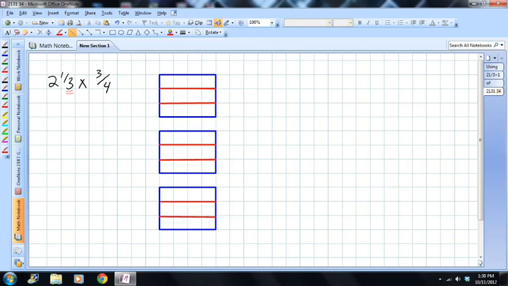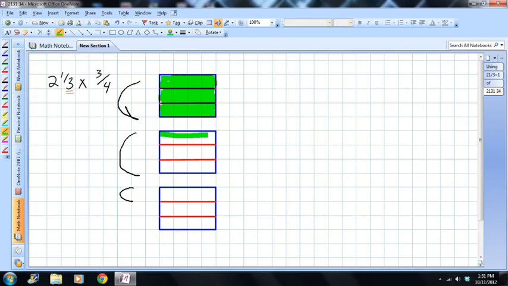And now we need to shade. How much do we shade? We need to shade 2 1/3. We need to shade one complete rectangle, another complete rectangle, and we need to shade 1/3 of that last rectangle. And so that's one of our rectangles.